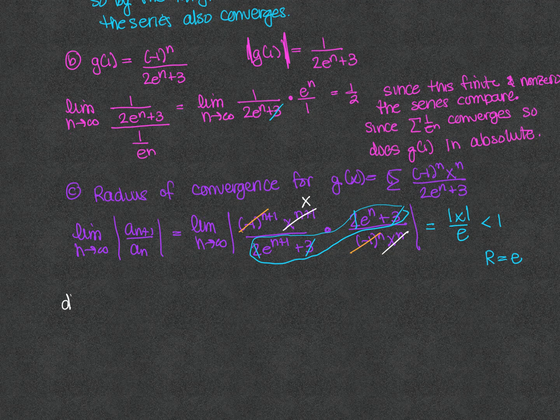So D. For a convergent alternating series, the error is less than the first omitted term.